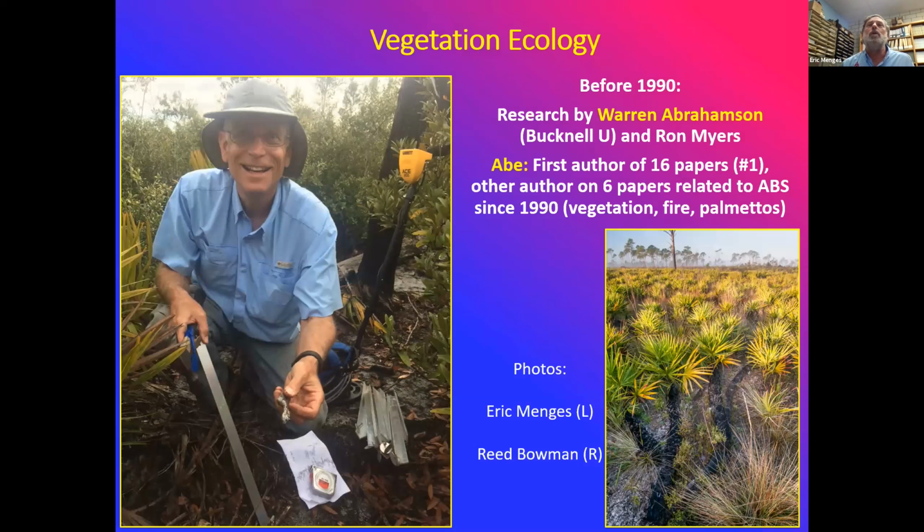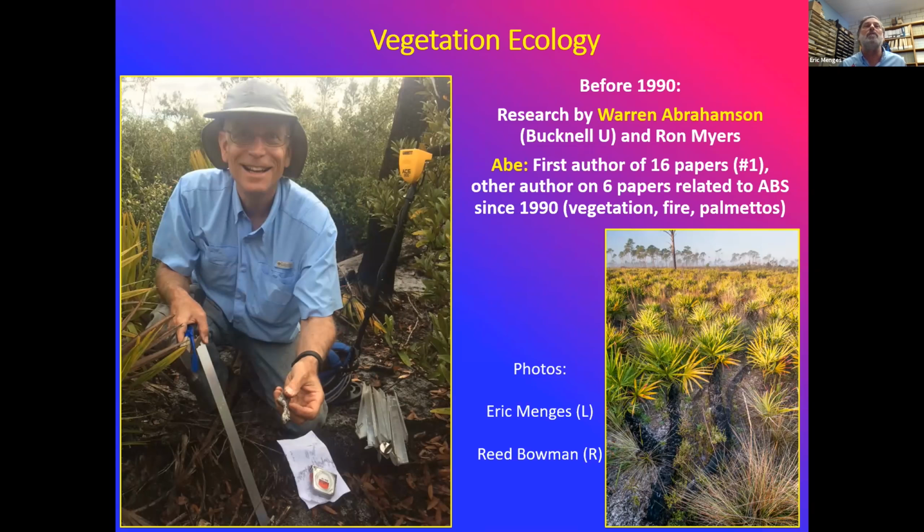Before 1990, most of the research at Archbold in plant ecology was in vegetation ecology and published by Ron Myers and Warren Abrahamson. Particularly Abe has been super productive. He's first author on 16 papers over this period of time. His vegetation paper on Archbold is must reading for anybody that comes here, but he's had some really brilliant papers looking at fire responses of communities and plants, and then demographic patterns in palmettos.